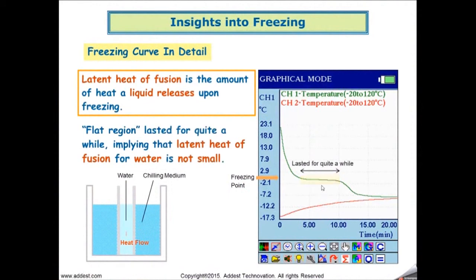Since this flat region around the freezing point lasted for quite a while, the total amount of heat that flowed out of the water must have accumulated to a significant level. This implies that the latent heat of fusion for water is not a small amount.